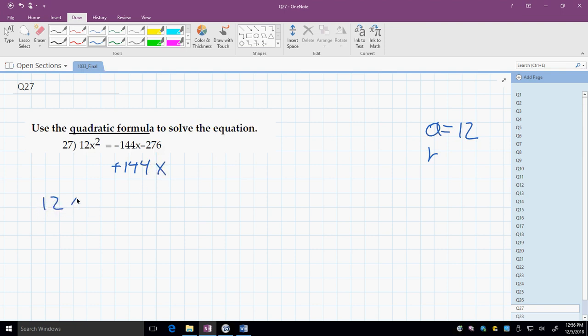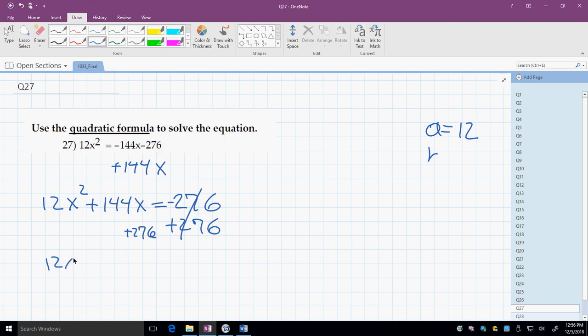So I have 12x squared plus 144x equals negative 276. Now you're going to add 276 in both sides. Cancel here.